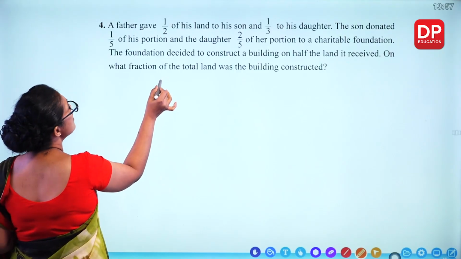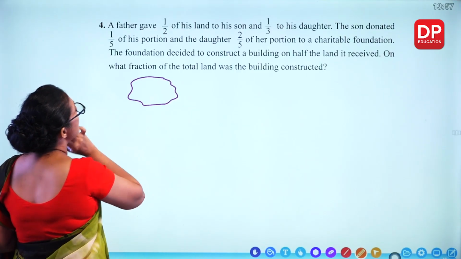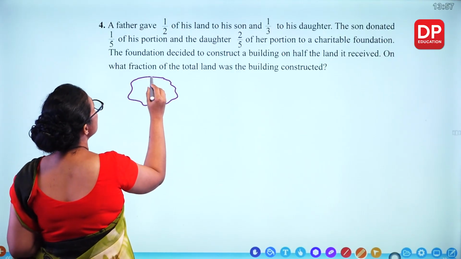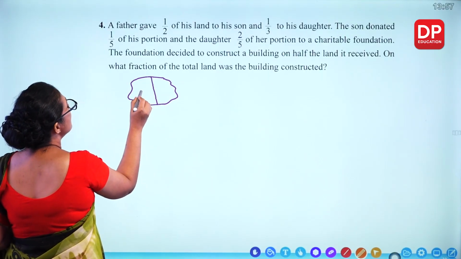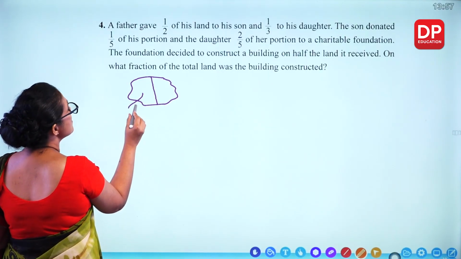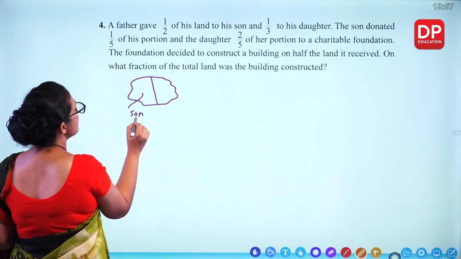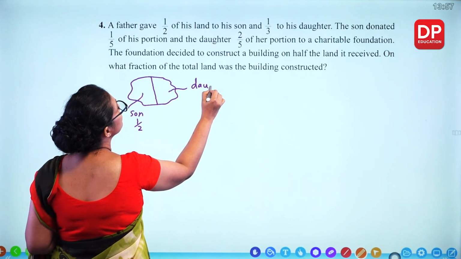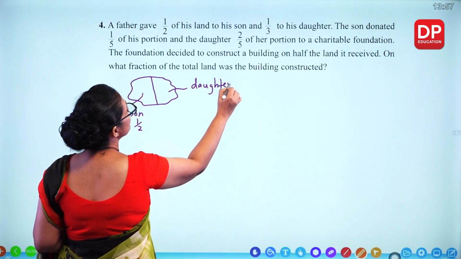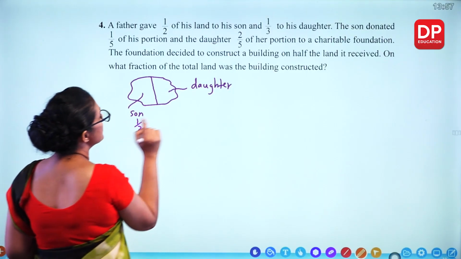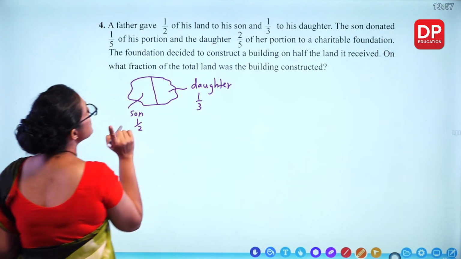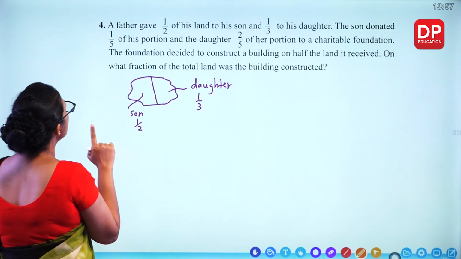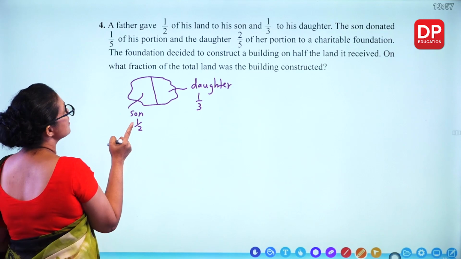We'll sketch a diagram. So if this is the land, a father gave half to his son. So this is son, that's half. This one daughter, 1/3. The son donated 1/5 of his portion.